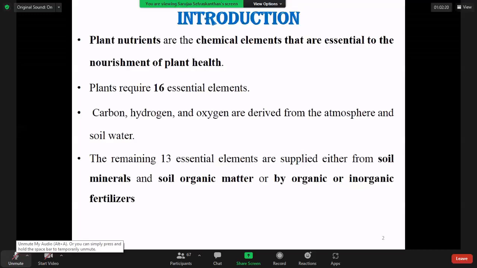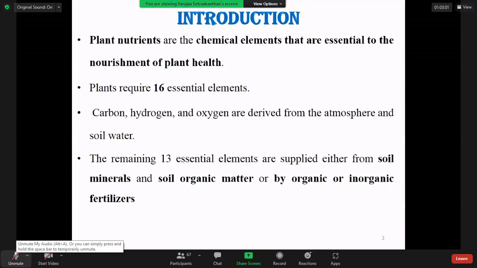AG 024. Absent. He's on Zoom but not responding. Purni. Yes, ma'am. Can you summarize? Okay, ma'am, up to nutrient deficiency, up to nitrogen. Okay, start.